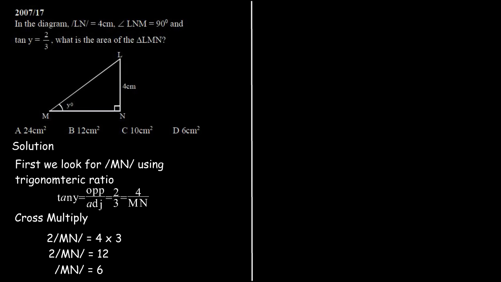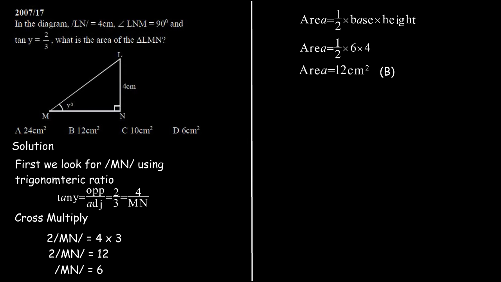Now having gotten the value of MN, we can now use our area of a triangle, which is equal to half base times height. Substituting for MN and our height 4, it becomes area is equal to 1/2 times 6 times 4, which makes our area equal to 12 centimeters square.